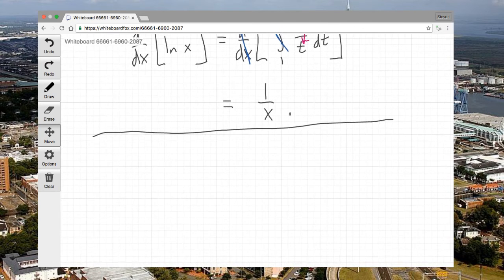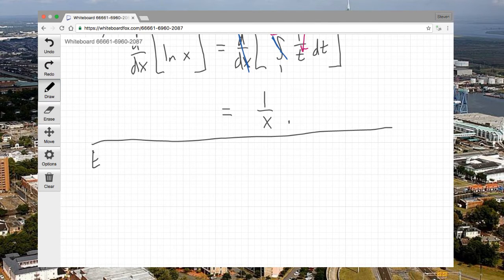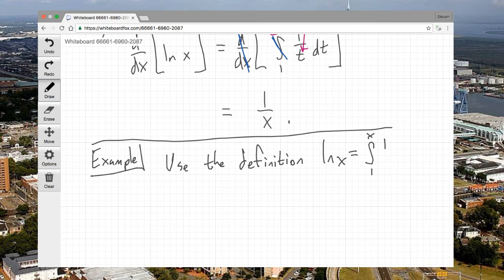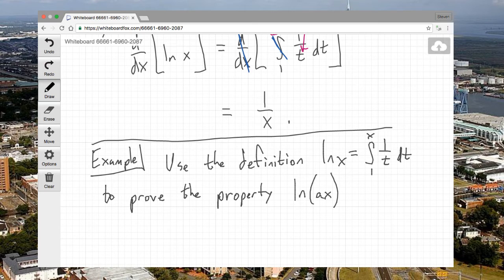So let's say I ask you to use the definition, and I'd probably remind you what this definition is, natural log of x equals integral 1 to x of 1 over t dt, to prove the logarithm property that if you take the logarithm of two things multiplied together, that's the natural log of the first plus the natural log of the second.